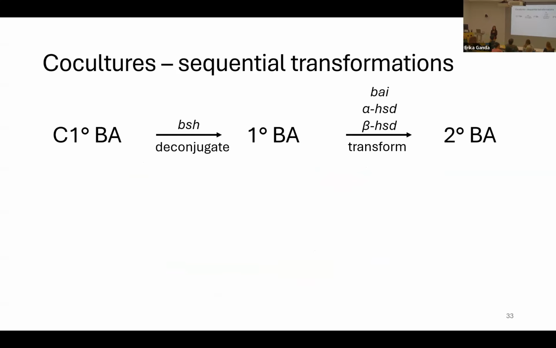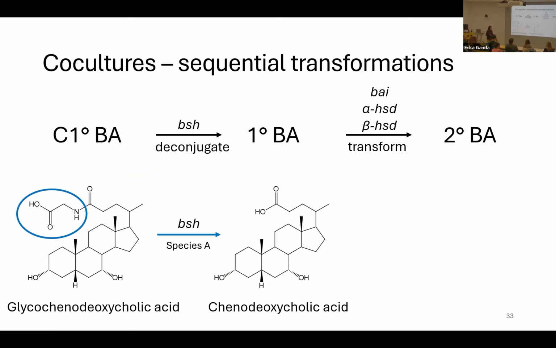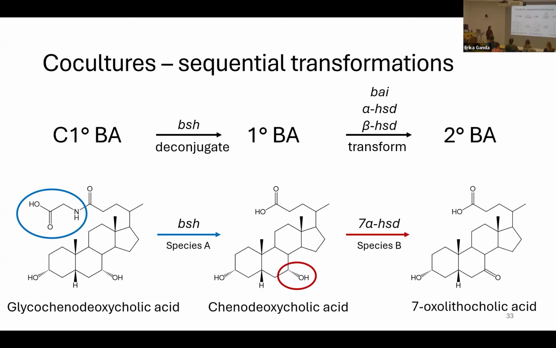Finally, this is a part I find most exciting, as we started pairing bacterial organisms together. I've told you about this pathway where deconjugation must occur before secondary transformations can occur. This is what the literature states. But another thing that papers will say is that sequential transformations can occur by 2 different bacteria in the same community.